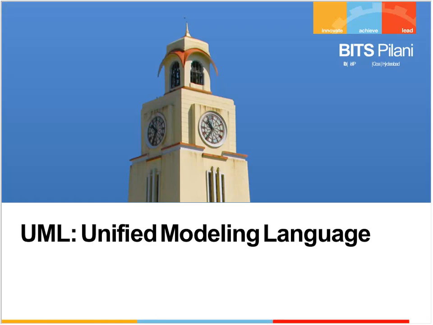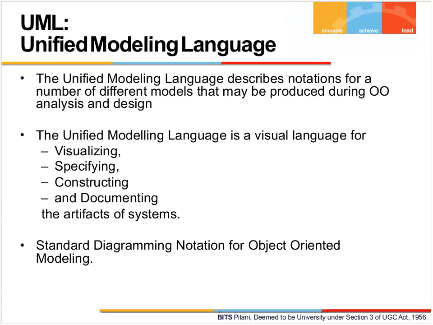I'll just take 2 or 3 more slides to bore you people, and then we'll move on to the case study. So the Unified Modeling Language, or the UML, describes notation for a number of different models that may be produced during object-oriented analysis and design, right? So it is strictly only for object-oriented analysis and design, because it was initially integrated through the unified process.